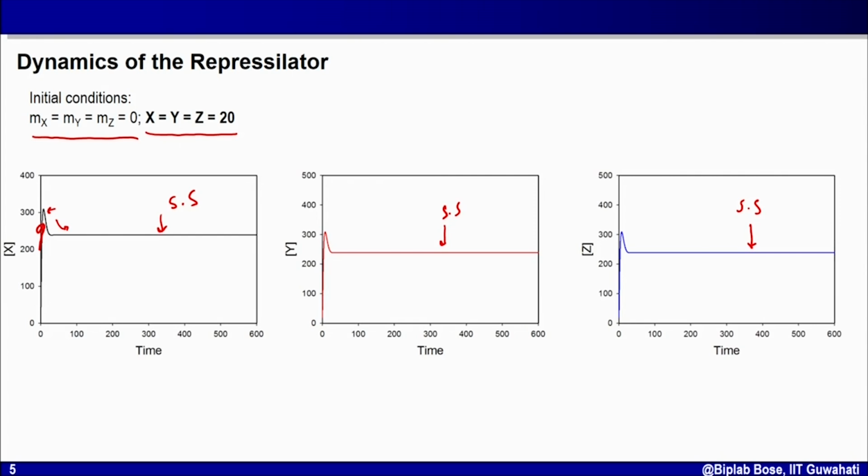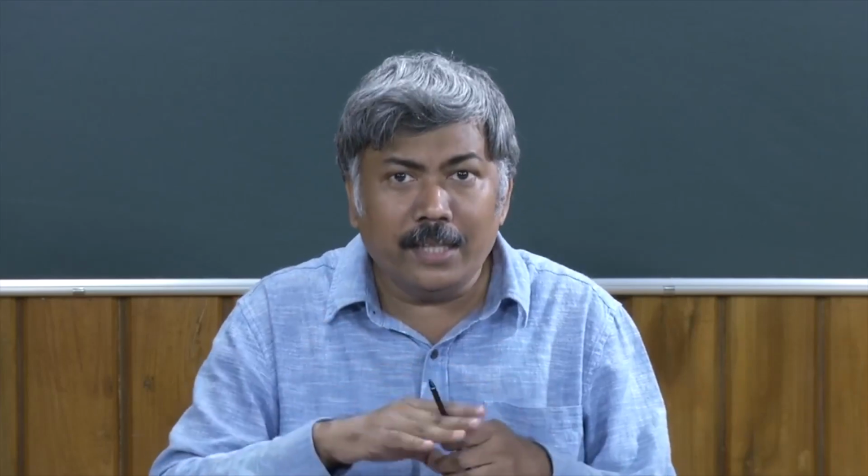What is happening here? As the time progresses, there is leaky expression, there is also initial amount of x, y and z. So initially there is some amount of expression, and that accumulates more and more x, y and z, and then that negative Hill function takes control, and it tries to pull down the rate of expression, the rate of transcription goes down.